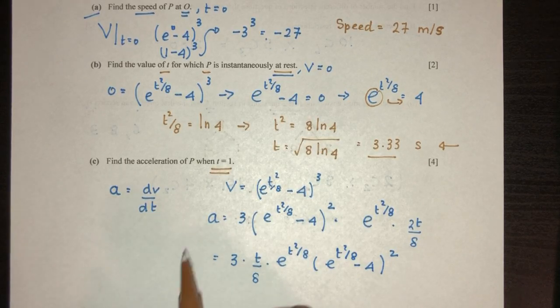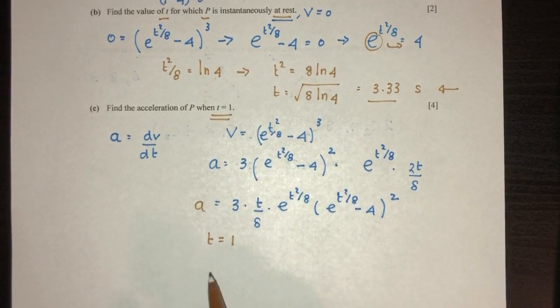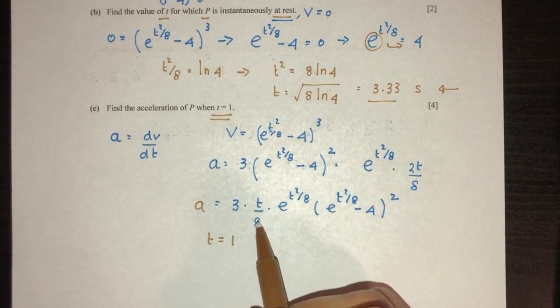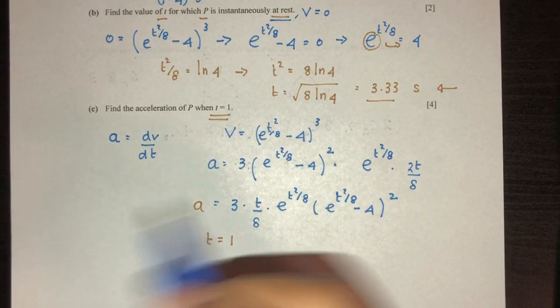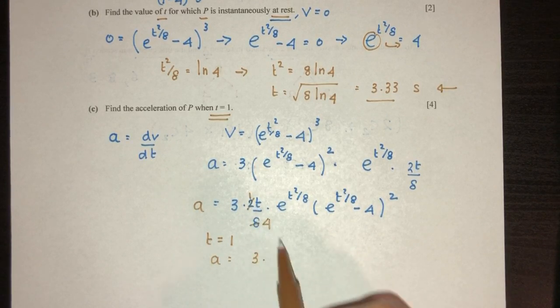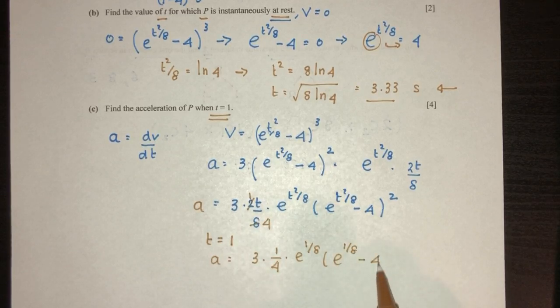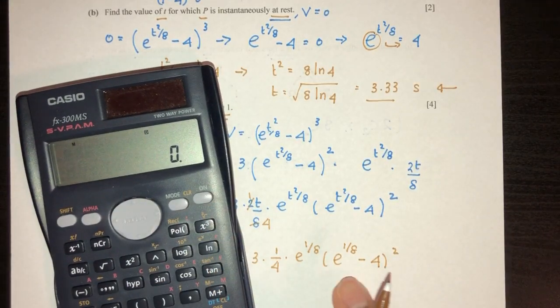Okay. So we have to find the value of a when time equals 1. Replace t with 1 in the equation. I'm missing a 2 here, right, 2. Now you have t equal to 1. So a will be 3 times 1 over 4 times exponential 1 over 8 times exponential 1 over 8 minus 4 squared. So let's find those values.